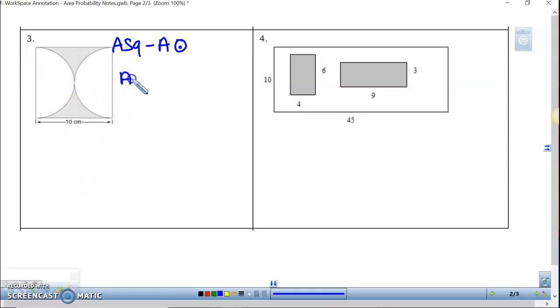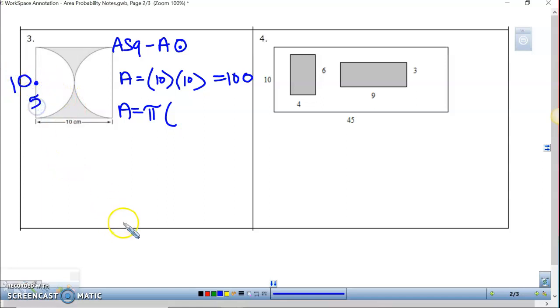All right, so the area of the square is going to give me 100. And the area of the circle, so pi, well, if this whole thing is 10, be careful then, your radius is going to be 5. So pi r squared, that is 25 pi.